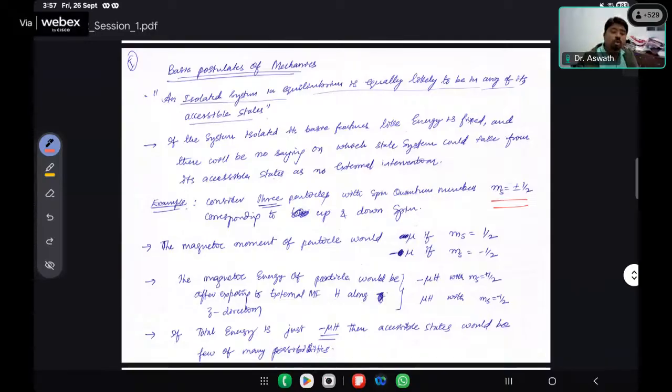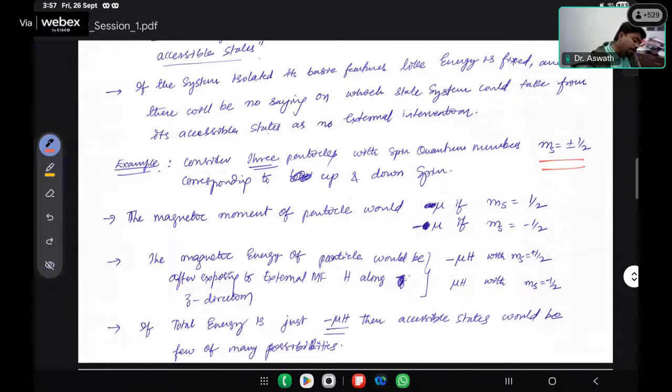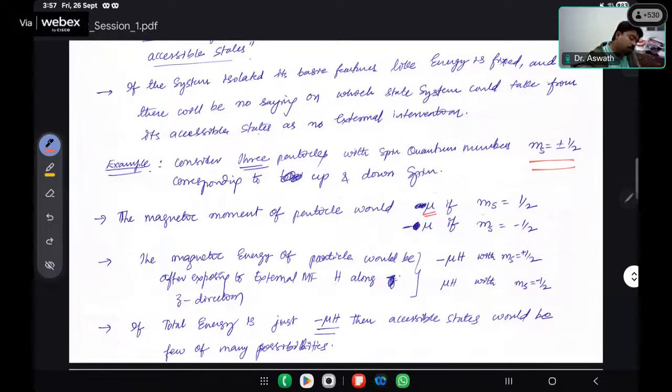Just for one system, if it has a magnetic moment mu, its spin would be plus half, and if it has a magnetic moment minus mu, its spin would be minus half. Now if we expose this magnetic moment to an external magnetic field, let's say the environment, with some value H, I can multiply the magnetic moment of that individual system with H, and put a negative sign because it opposes the external magnetic field.